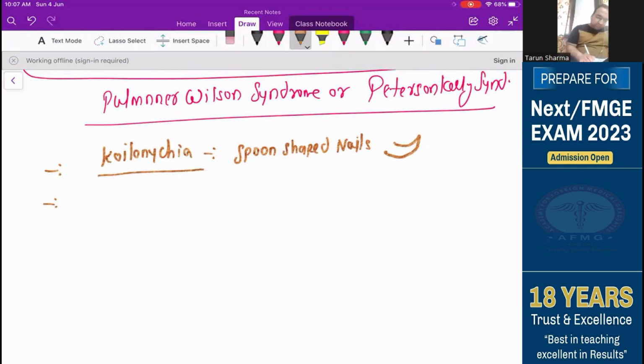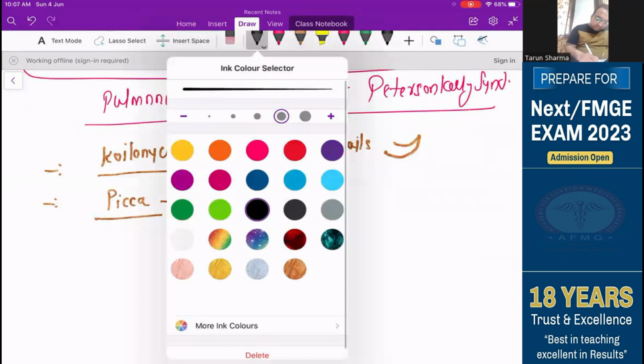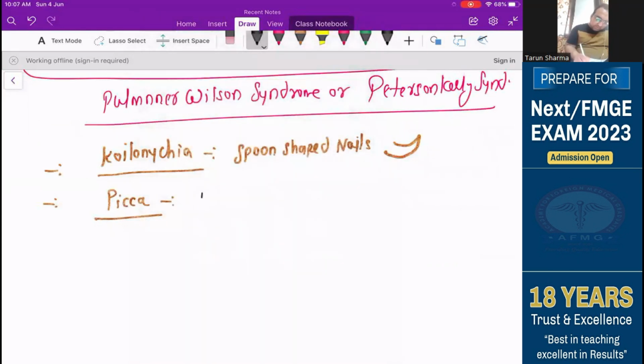One very important symptom that is also there is called pica. What is pica? Pica is eating non-edible, non-nutritious substances, not food.